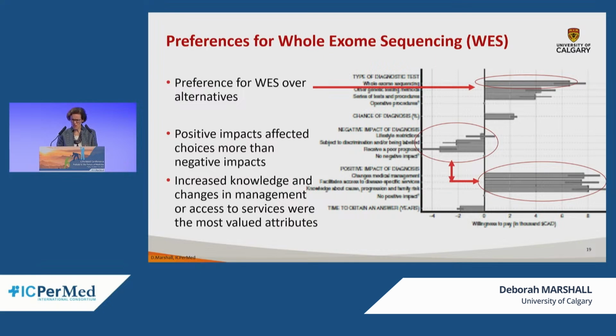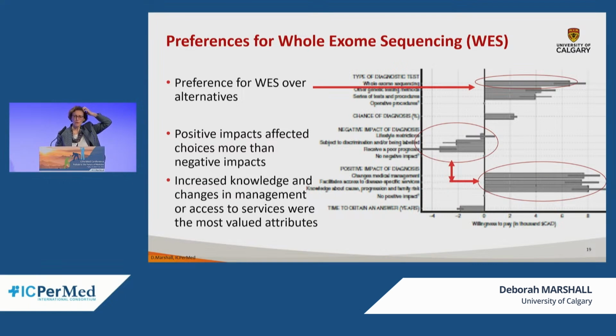I know this is a little hard to read, but the first group of attributes that describe whole exome sequencing are how you get it. And they have a preference for whole exome sequencing over other diagnostic tests. Not surprisingly, but it's kind of interesting because they value whole exome sequencing.